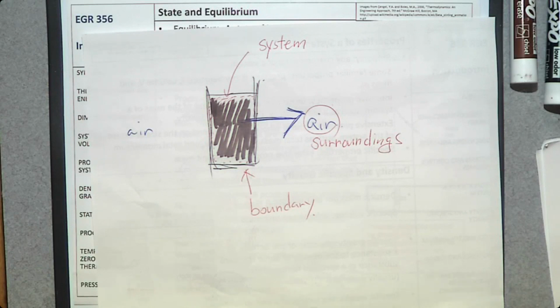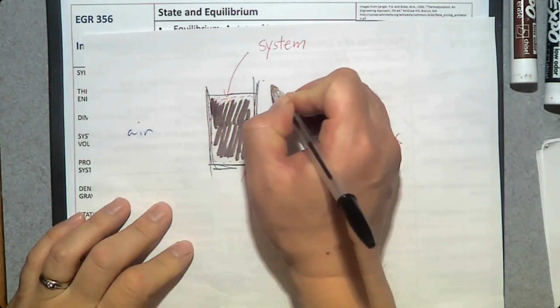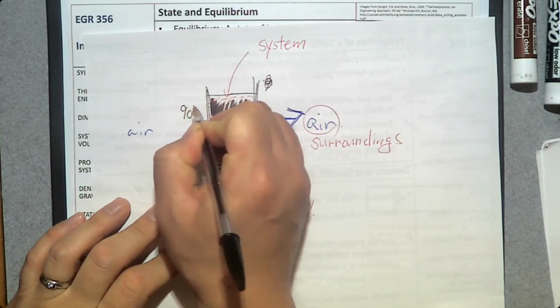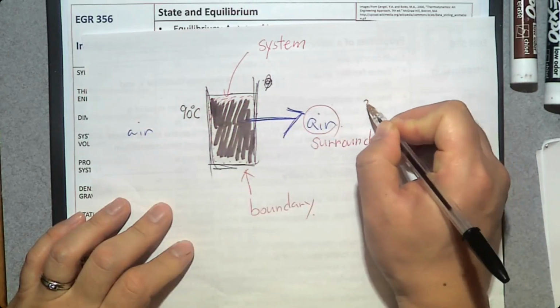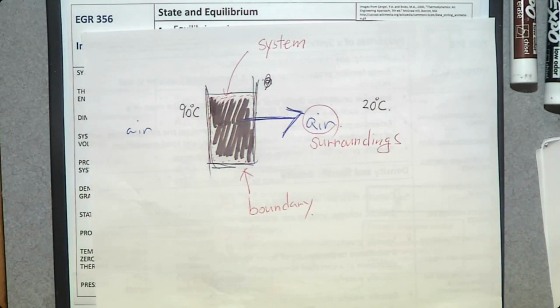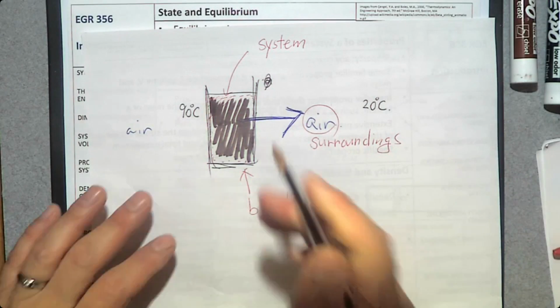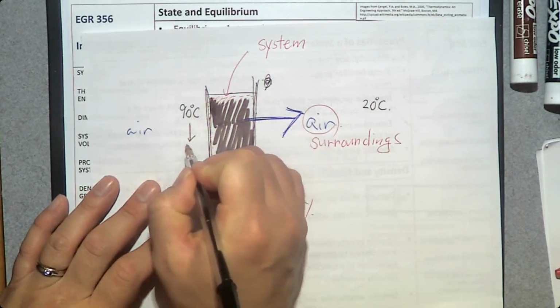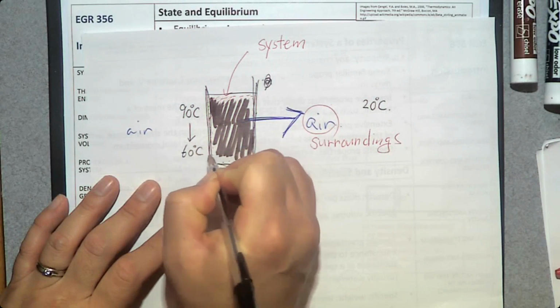Let's say initially 90 degrees Celsius, the surrounding air is at 20 degrees Celsius. After 1 hour, the temperature went down to 60 degrees Celsius.